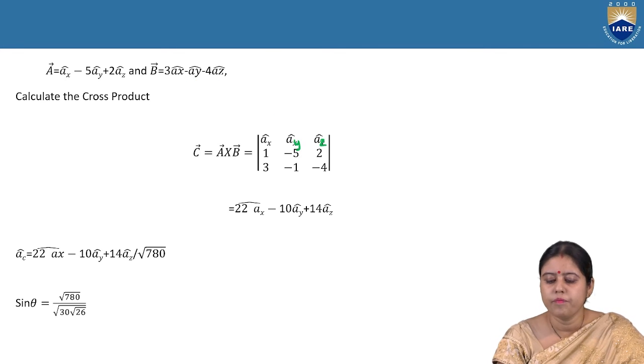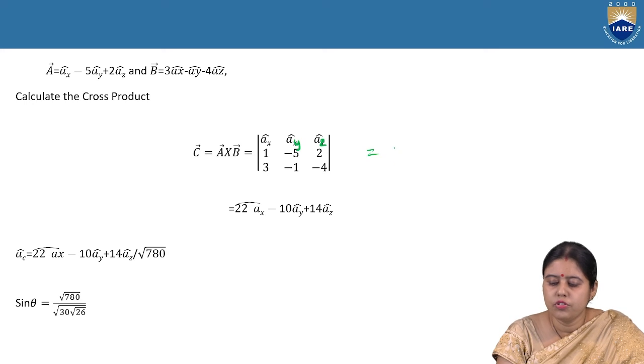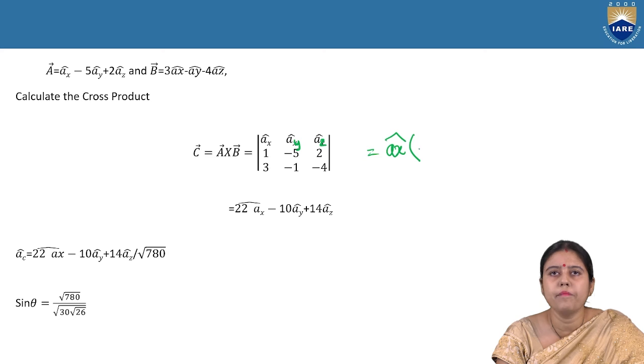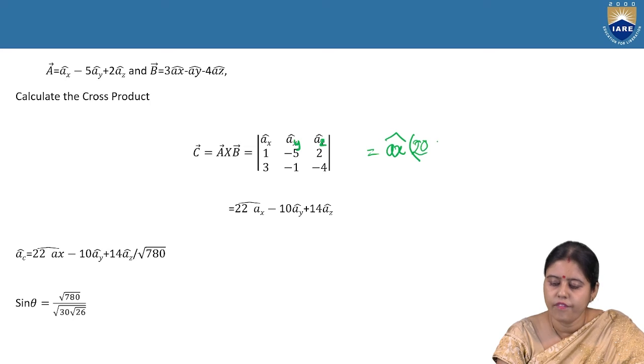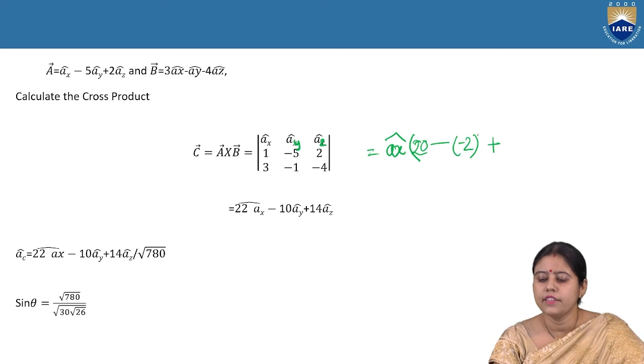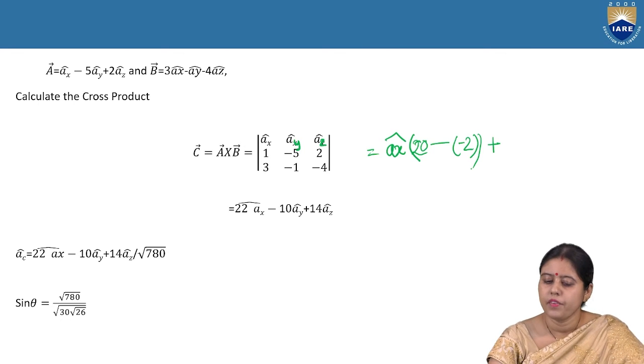Now how to solve? AX is equal to minus 5 into minus 4, which is 20, minus of minus 2, minus of 2. We are calculating the determinant. Next, we are thinking about AY.